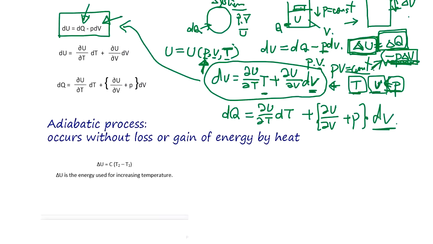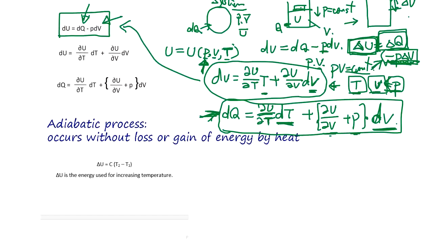So the heat energy change is the internal energy change over temperature, plus the internal energy change and pressure change over volume. Okay, now this is the basic equation to explain all the thermal processes. We introduced several thermal processes, but they are all based on this equation.